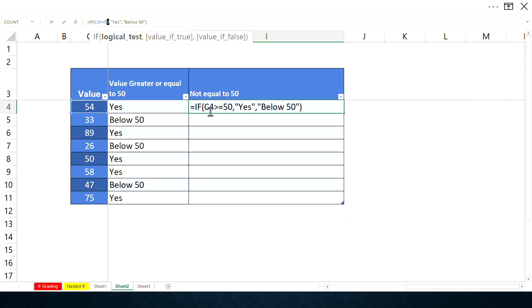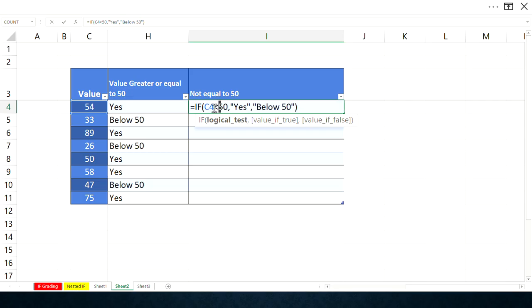So we have to inspect whether the value is not equal. So the not equal expression goes like that. We have the comparison symbols following one after the other in that fashion. This one means the value in test is not equal to 50, which comes as a logical test, and then confirm it is not equal.